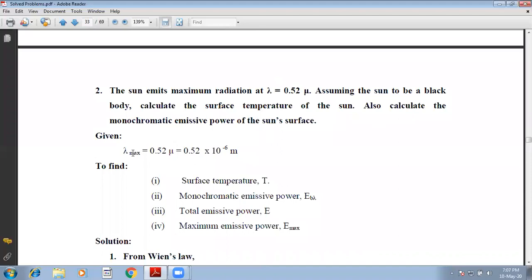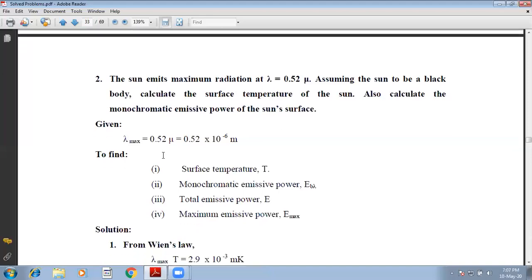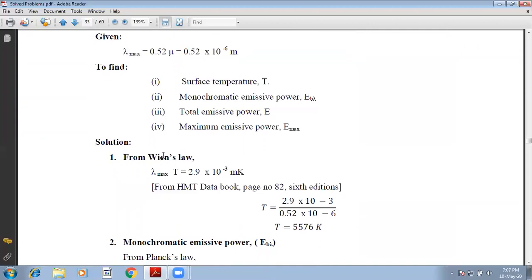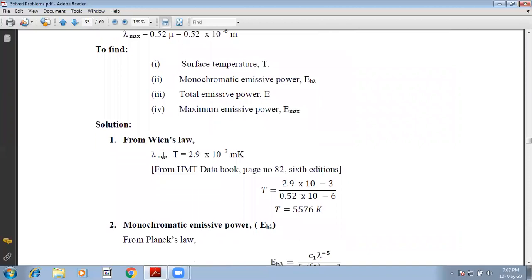Now he has given the maximum wavelength as 0.52 micrometer. You need to calculate the surface temperature. Now we have already discussed the surface temperature can be calculated using Wien's displacement law, which is the product of wavelength and the temperature is constant, and that constant is 2900 micrometer Kelvin or 2.9 into 10 raised to minus 3 meter Kelvin.